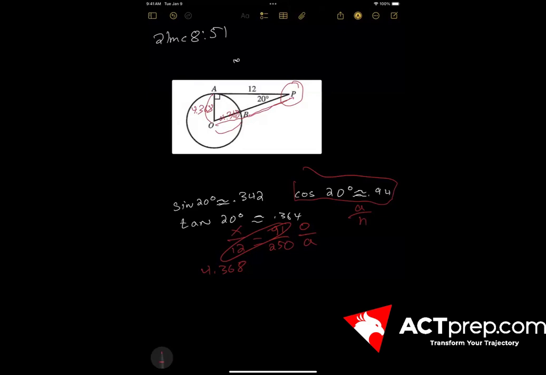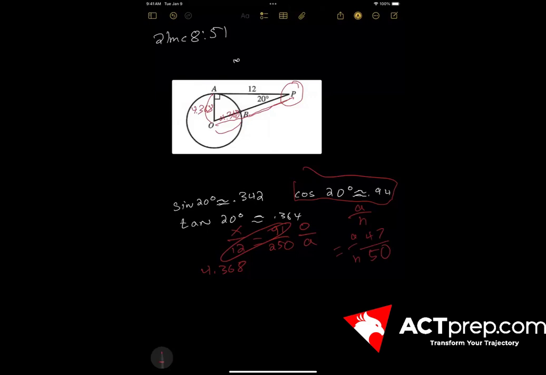So to turn the 0.94 into a fraction, we just do math enter after inputting the decimal, and we find that the proportion of adjacent over hypotenuse is 47 over 50.